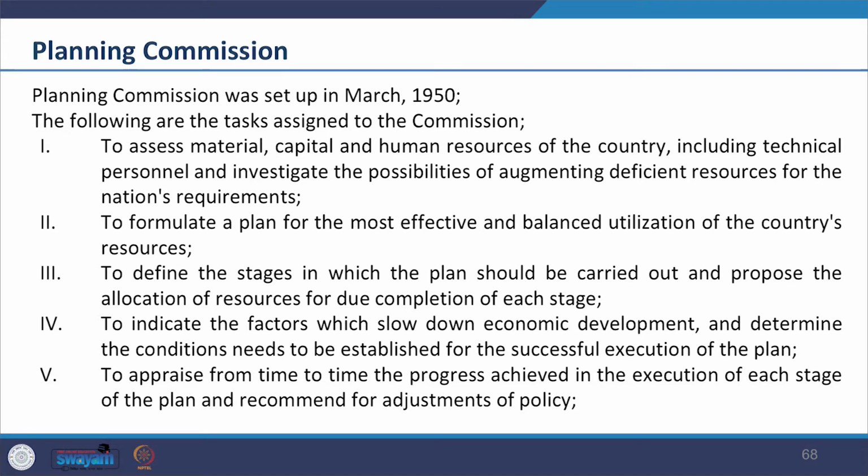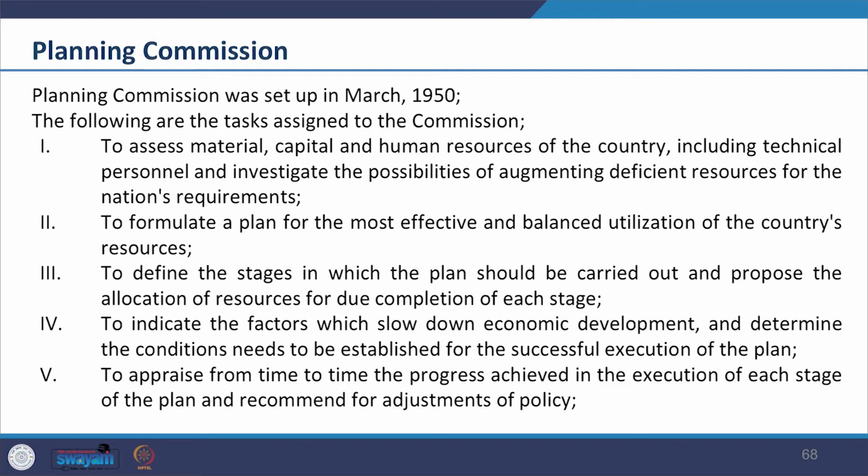The tasks involved assessing material, capital and human resources of the country, including technical personnel, and investigating the possibilities of augmenting deficient resources for the nation's requirements. The tasks also involved formulating a plan for most effective and balanced utilization of the country's resources.